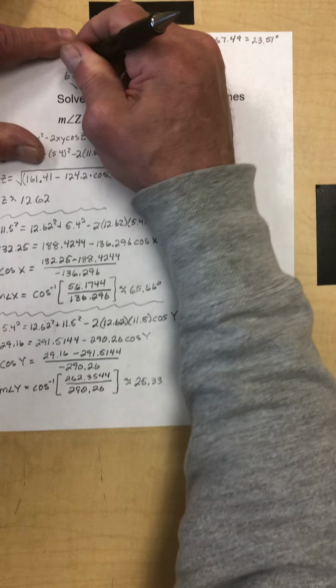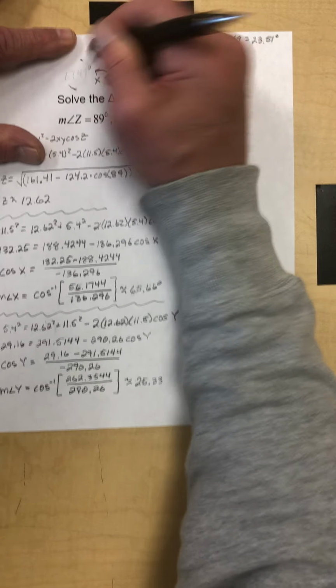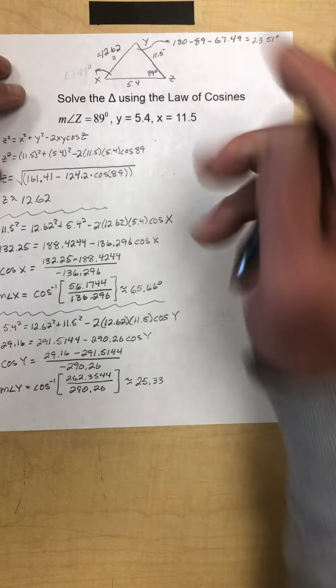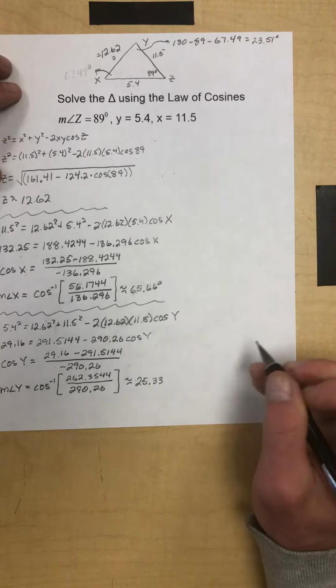Now notice if we would not have checked our work, I would have got a whole bunch of stuff wrong. Okay, so let's see, 65.66. So that changes up here. Okay, so that's going to be a 65.66, and that'll change this guy.